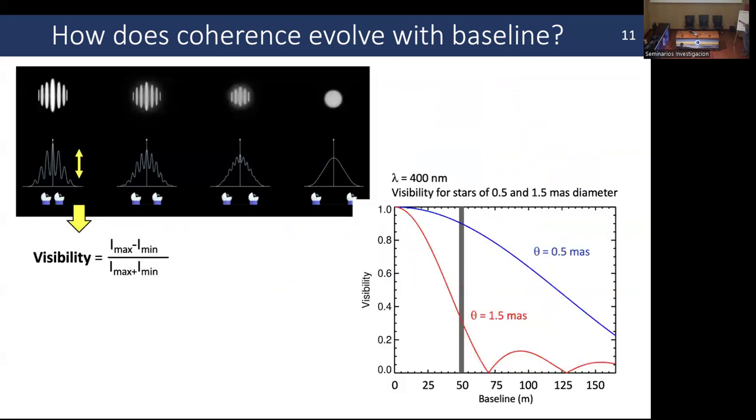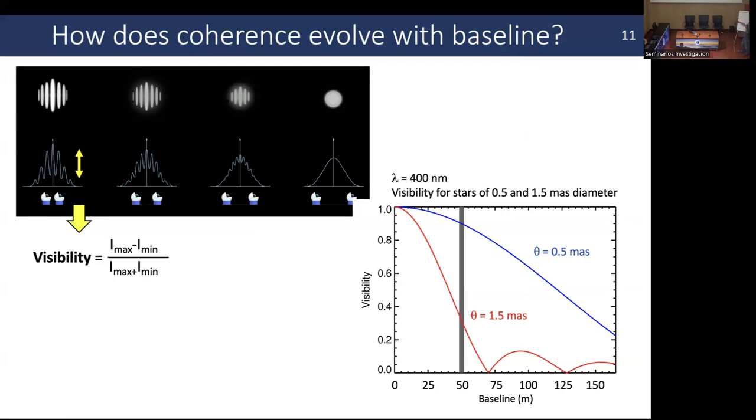So this is what you typically do in phase interferometry. You have your two telescopes, and when they are close to each other you see what is called visibility, that is the difference between maximum and minimum divided by maximum plus minimum. The visibility is very big here. You see the pattern very nicely here, and it starts to go away. When you are far away, you don't see any pattern anymore.